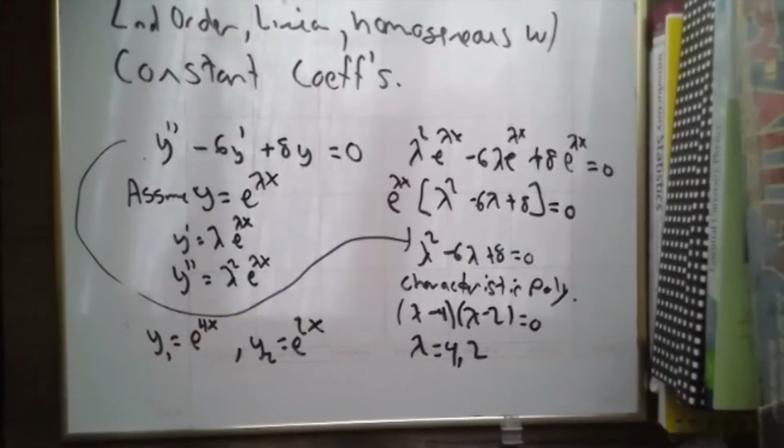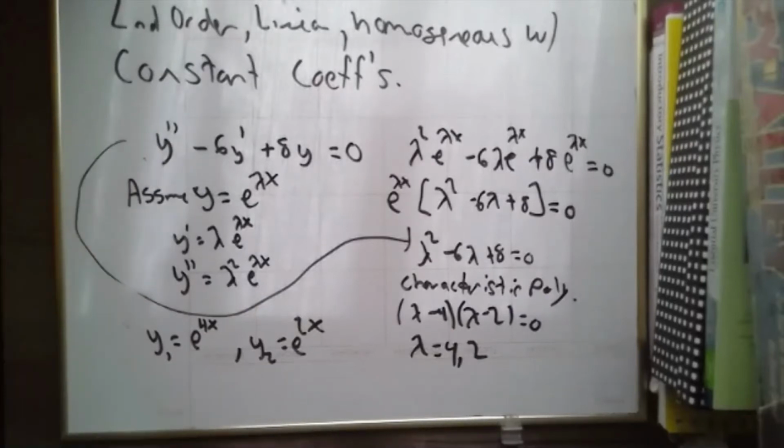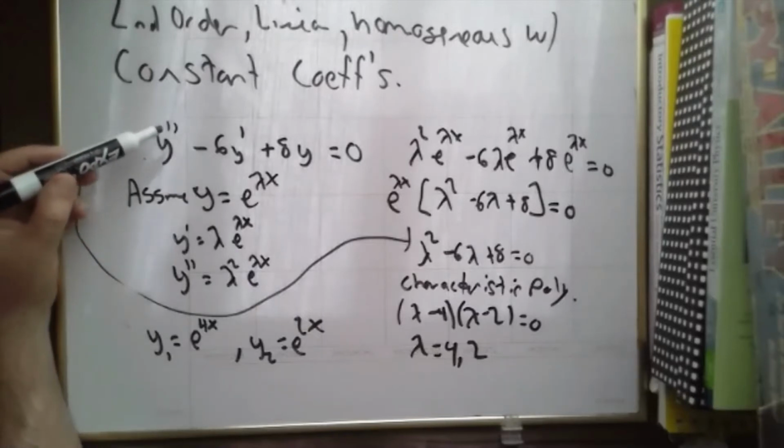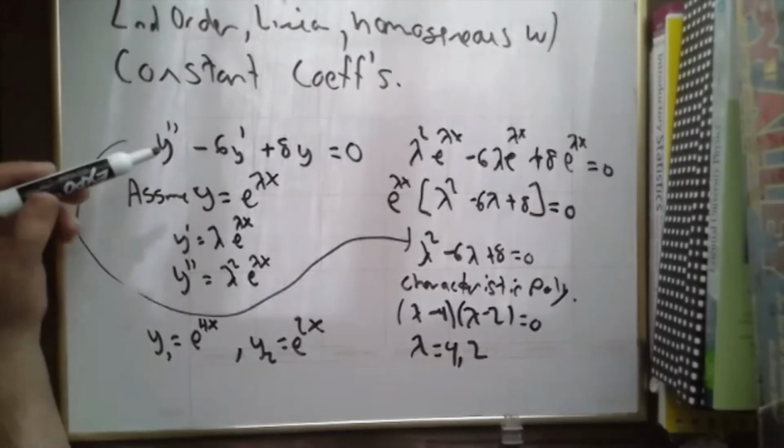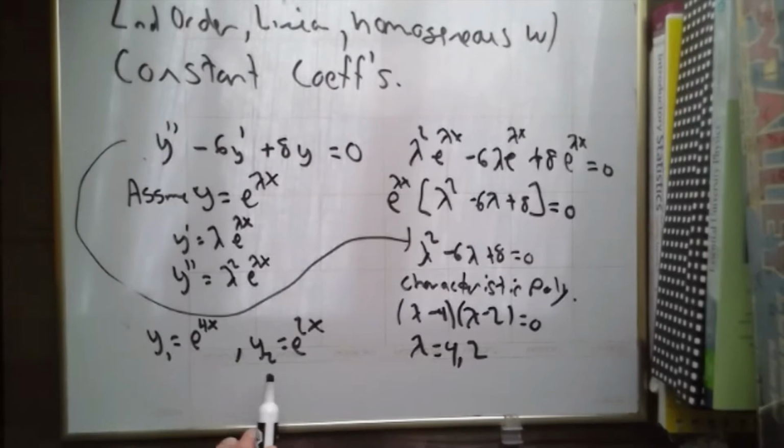Now remember last time we said the order tells us how many linearly independent solutions we need. The general solution here will have 2 linearly independent functions. E to a different power is linearly independent. I don't need to do the Wronskian. I could. I do a bunch of examples with Wronskians.